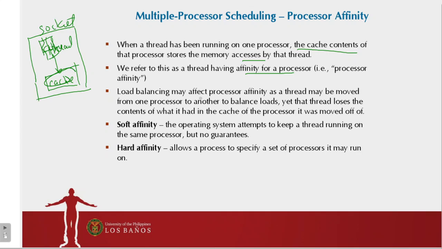And load balancing may affect processor affinity, as a thread may be moved from one processor to another to balance load. Yet that thread loses the contents of what it had in the cache of the processor it was moved off of. So let's say we have, again, let's just illustrate this.